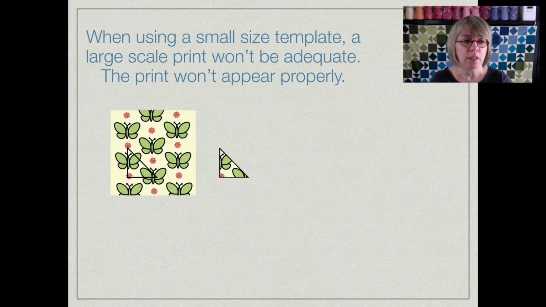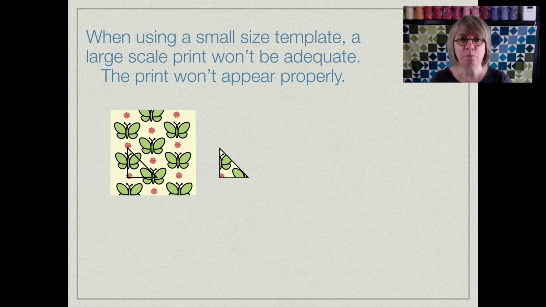For example, here, if I were to use this small print, and then use a very small template, first of all, as you can see, we don't see the butterfly. We don't see it's a butterfly. But then also take into consideration that in this little piece, what's the main color of that piece? Is it beige? Is it green? We don't really know. So it's not working that good.